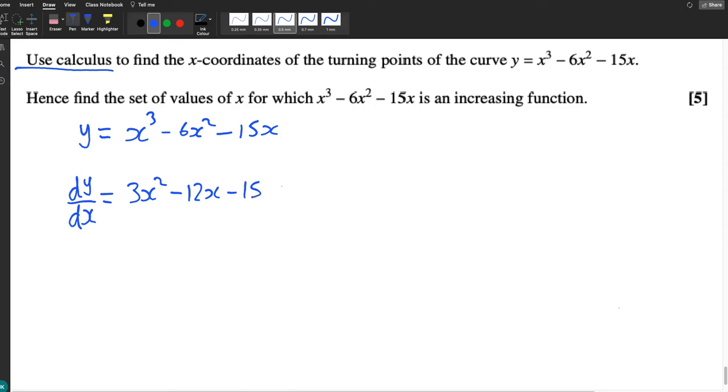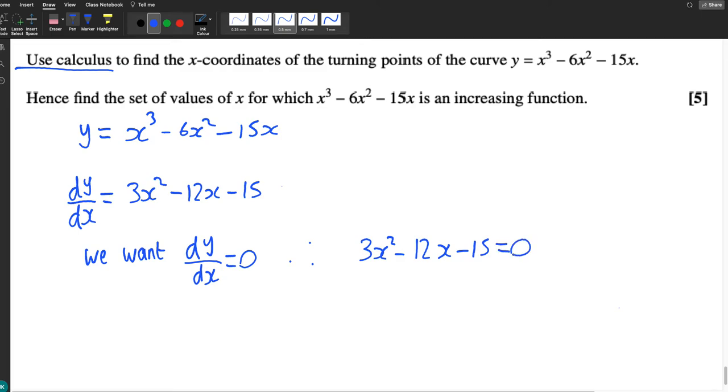And to work out the turning points, we want dy dx to be equal to 0. So let me just write that to make that clear. For our turning points, therefore, dy dx, which was equal to 3x squared minus 12x minus 15, to equal 0.